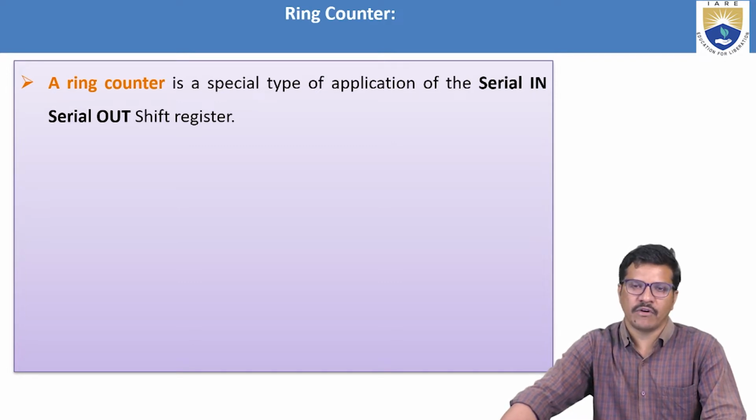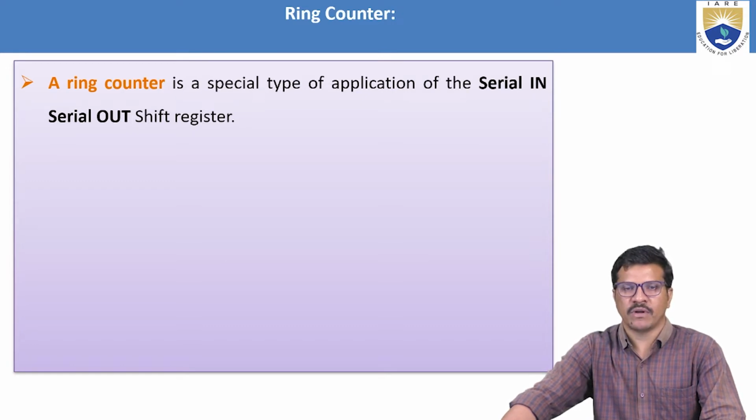For example, say there are 4 flip-flops. We give the first bit at the input on the left side of the first flip-flop. After 4 clock cycles, the first bit comes out at the last flip-flop.